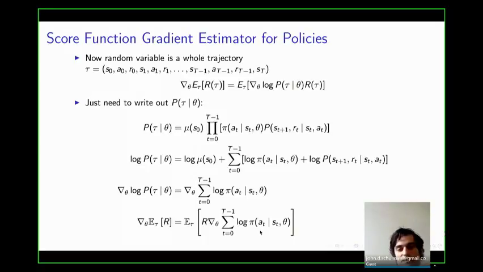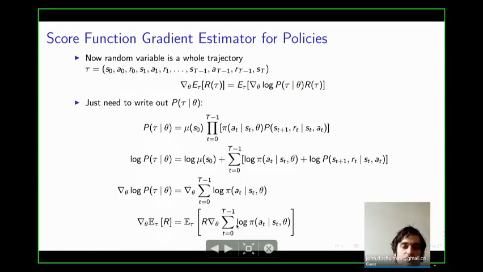This formula means that you can get a Monte Carlo estimate of the expected return by generating a bunch of trajectories, and then for each one, we take the return of that trajectory, and then we take the grad log probability of all the actions along those trajectories, and we multiply return times grad log probability. And that gives us our empirical estimate of the policy gradient.